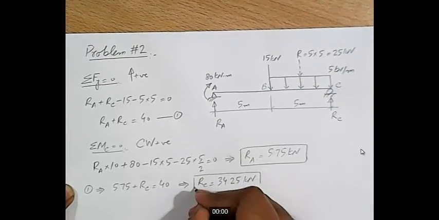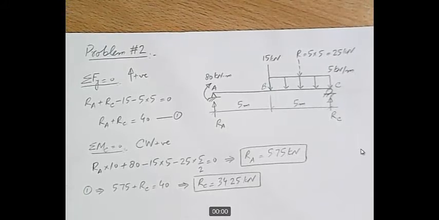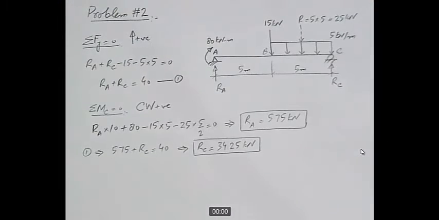So in this way we have calculated both the reactions RA and RC, and both reactions are positive, which indicates that the assumed directions of these two reactions is correct. Okay, now once again, in this direct method we don't have to go into that cumbersome procedure of writing down the equations for all the portions. Rather, once we have the reactions, we will directly jump to the plotting of SFD and BMD. So let's see how that can be done.